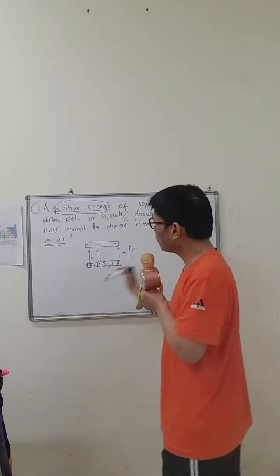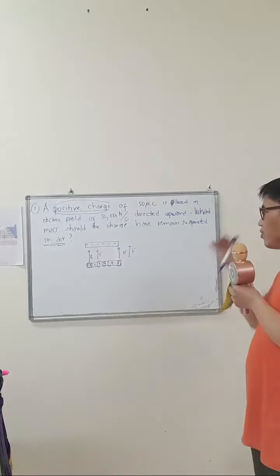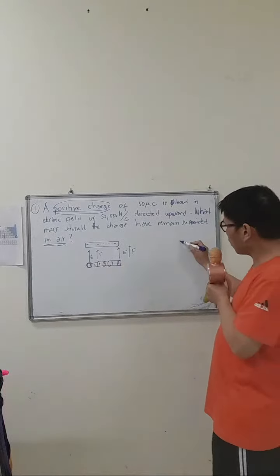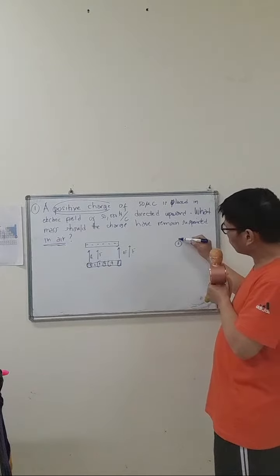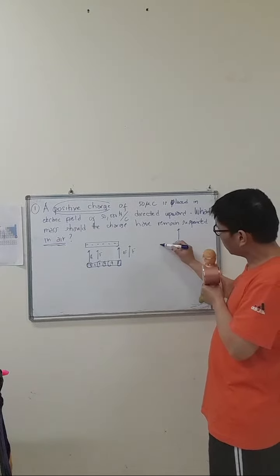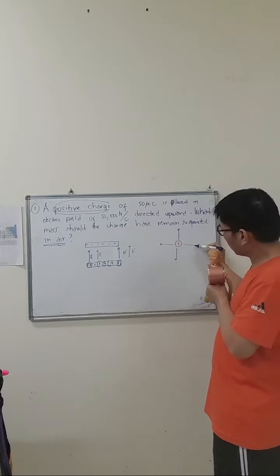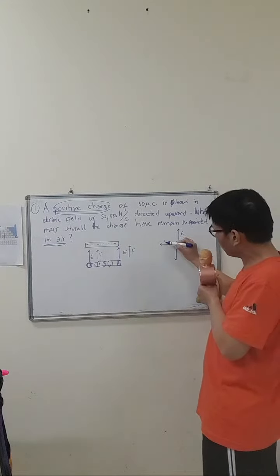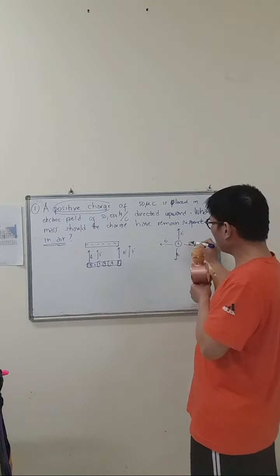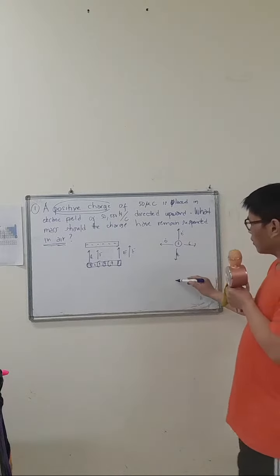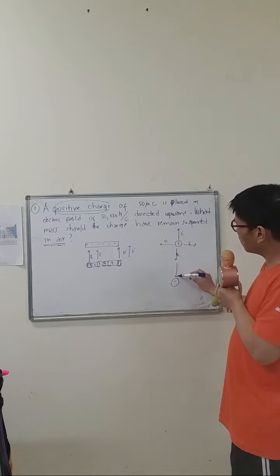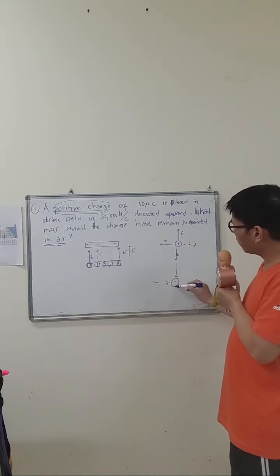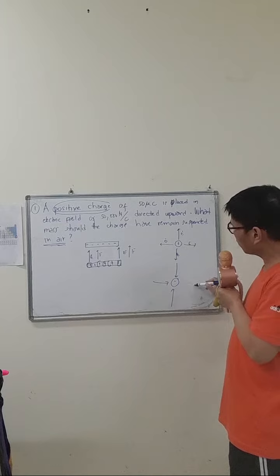Now if you try to do a separate illustration, we have the positive charge here, like this. Meaning to say, your electric field will go outward like this. This is your electric field. Now if it is a negative charge, your electric field will be going towards the negative charge, the object, something like this.